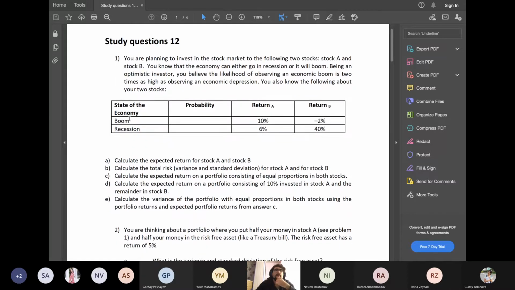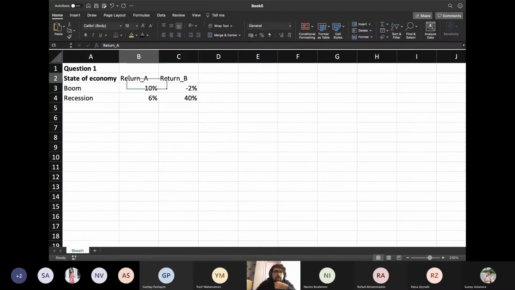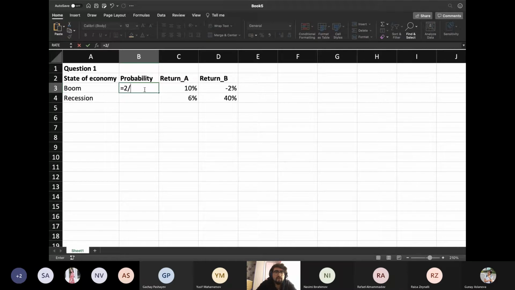So the probability of the economy being in a boom is 2 times higher than the probability of a recession. Let me add a new column here, probability. So boom's probability is 2 times recession's probability. It means 2 over 3 is boom's probability, 1 over 3 is recession's probability, and the summation of them should be equal to 1.